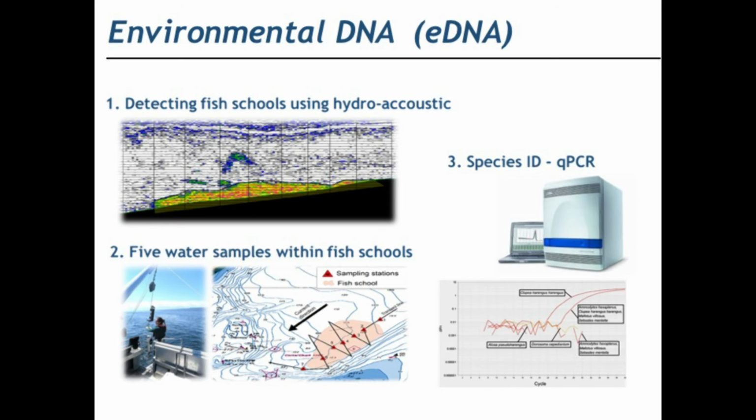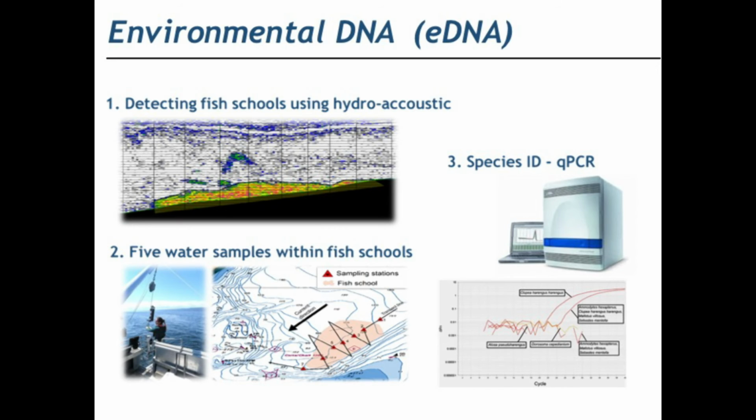So we locate schools, then we stay still, and we suppose that the school moves, right? And we drop Niskin bottles down within the school. We take a few samples, 4 or 5 samples, and from those identify the species that most likely comprise the school.